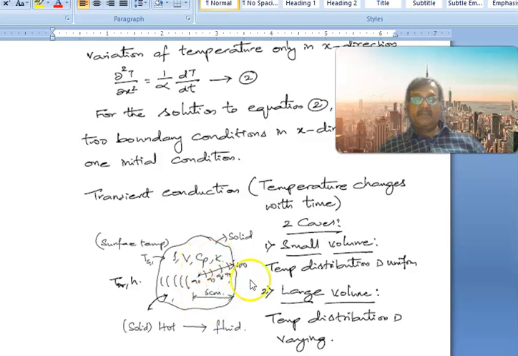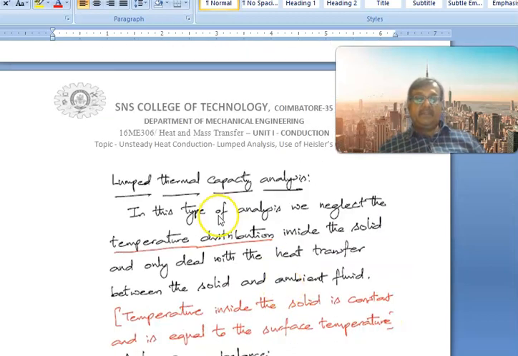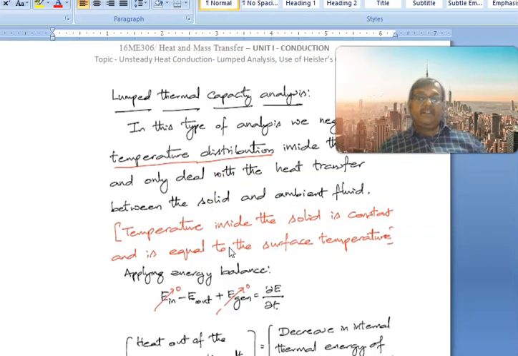Lumped analysis means sudden change in temperature variation. In this type of analysis, we neglect the temperature distribution inside the solid and only deal with the heat transfer between the solid and ambient fluid. So the temperature in the solid is constant and equal to the surface temperature. That is why it is neglected.